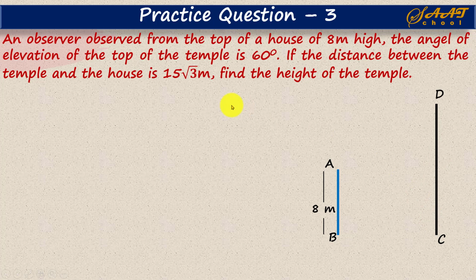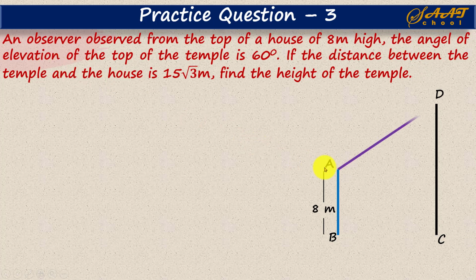Again, we have to understand which one is taller. As the observer is at the top of the house, he observed from the top of the house to the top of the temple, meaning the house is smaller than the temple. That's why he can observe the angle of elevation.